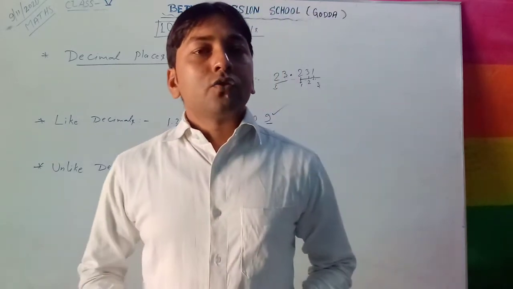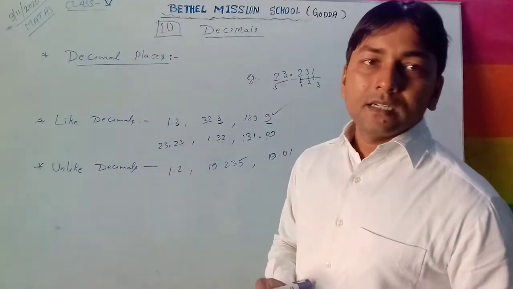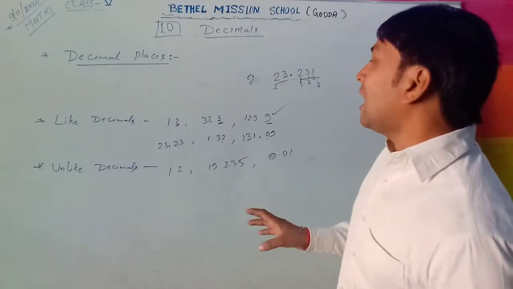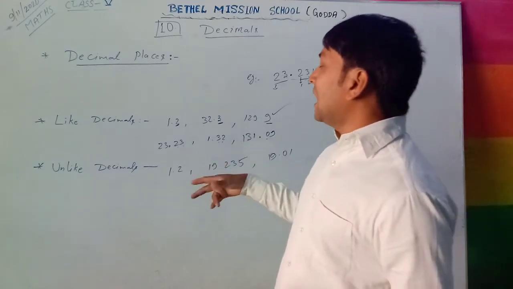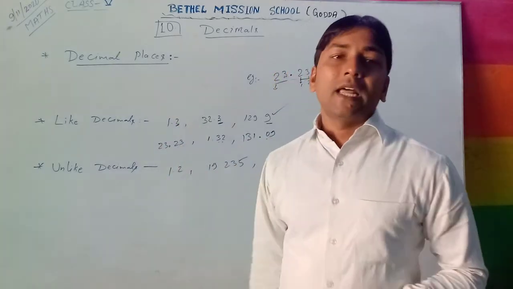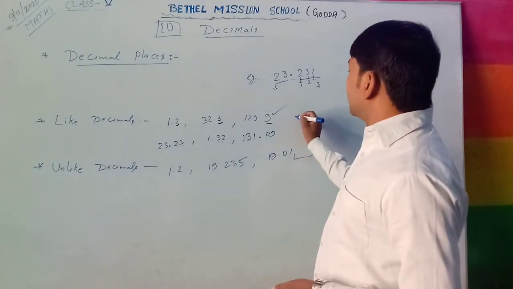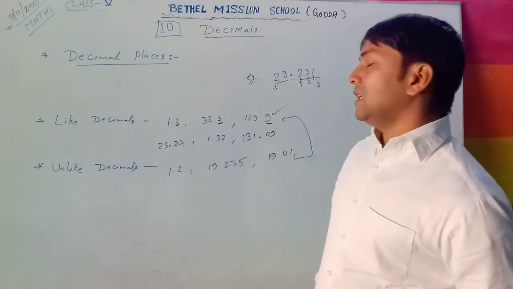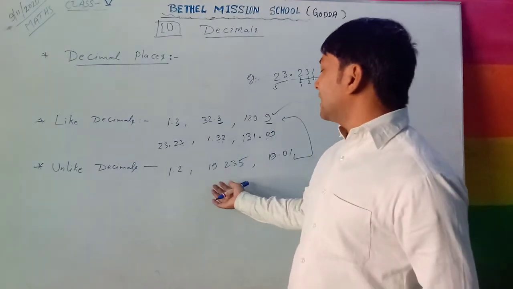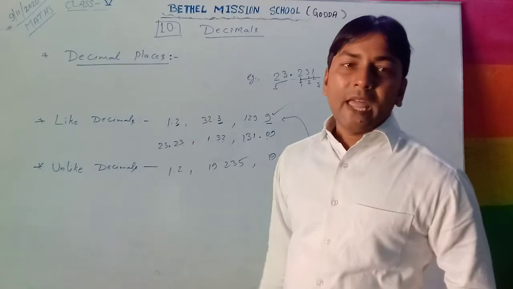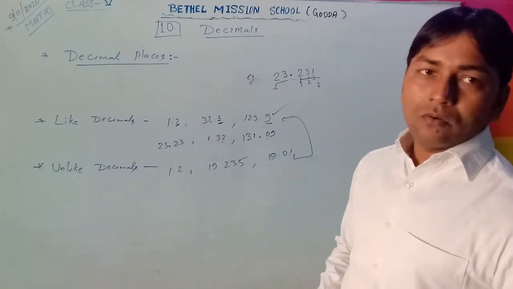Okay, so now the question arises in the exercise: how will you convert unlike decimals into like decimals? It means unlike decimals are given, and you have to convert them to like decimals. How?